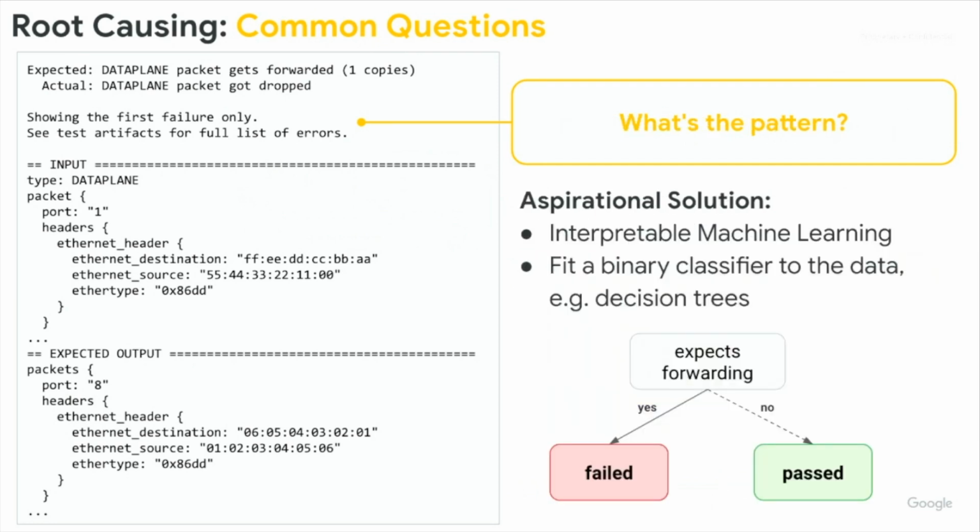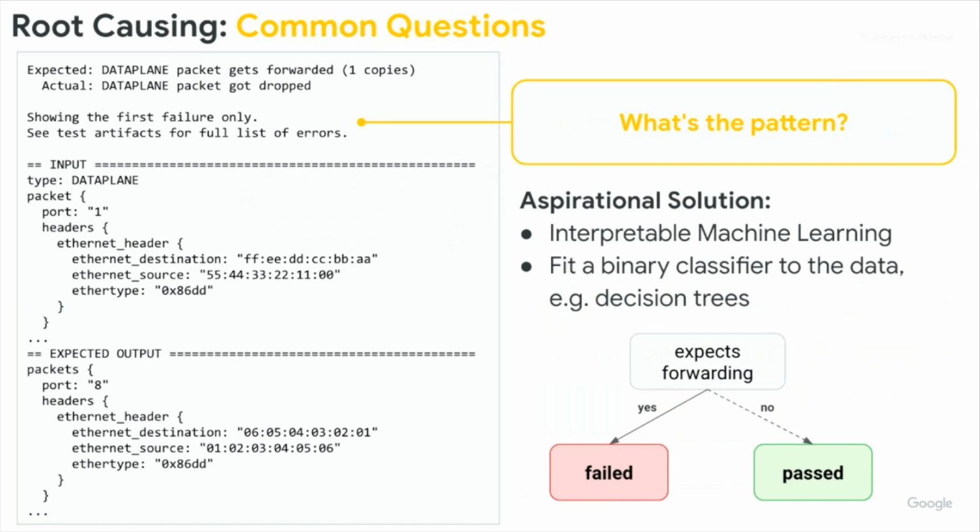And then we have this aspirational solution that I think we're going to start working on very soon, which is, well, this kind of says it all. Interpretable machine learning, right? But in the classical sense of the word machine learning. You could imagine just making a decision tree. What if we figure out what is the characteristic of the packet vector that makes it most likely to cause a failure?